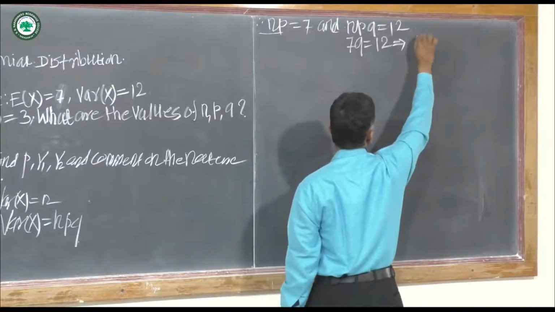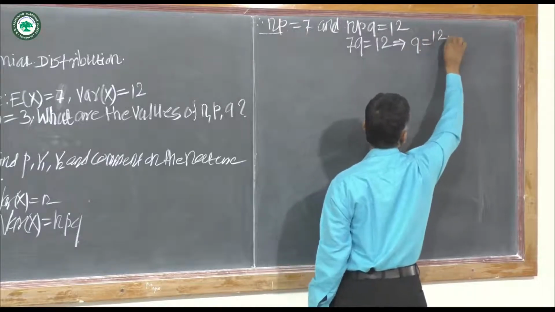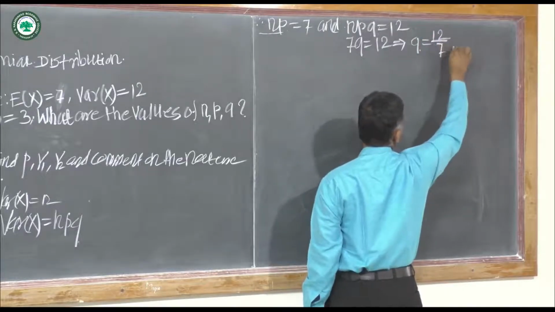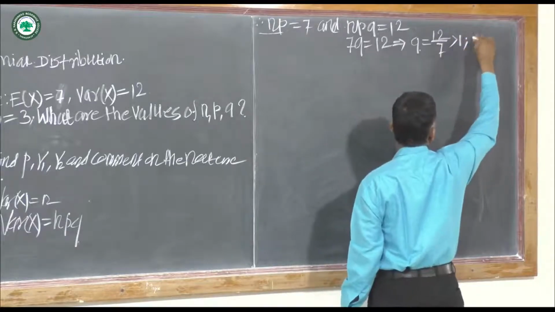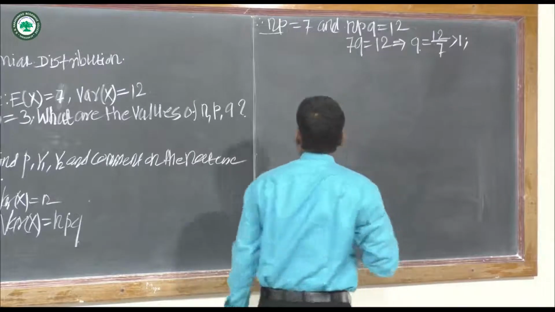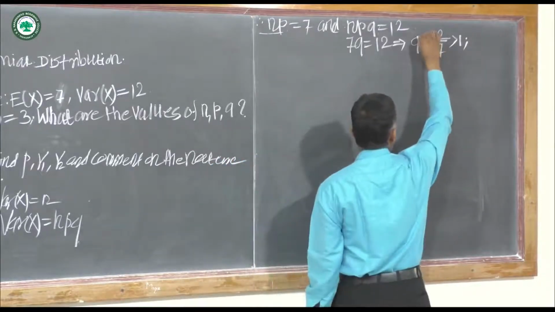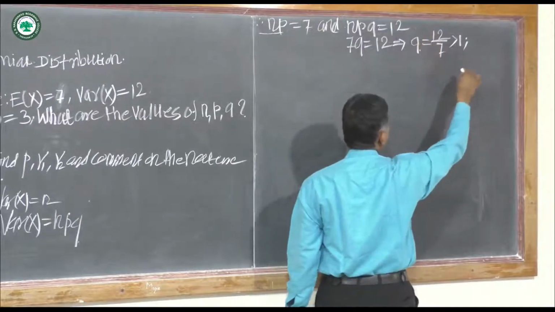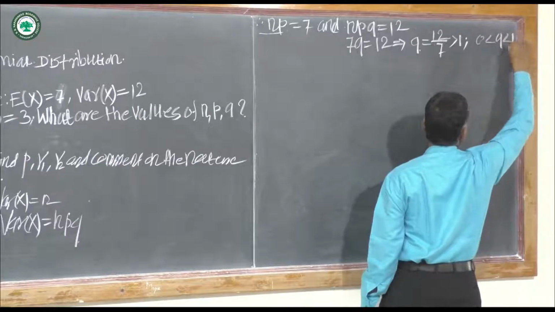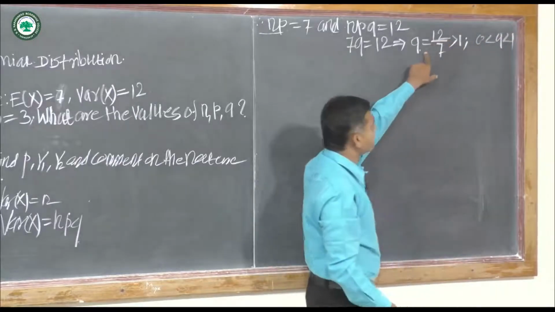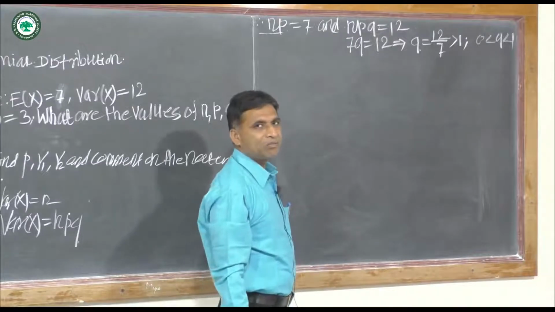This implies that q is equal to 12 upon 7, which is greater than 1. Therefore the given statement is false, because q is a probability and lies between 0 and 1, and here the value of q is greater than 1.